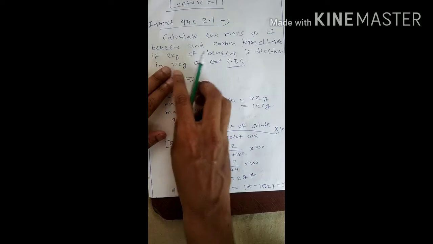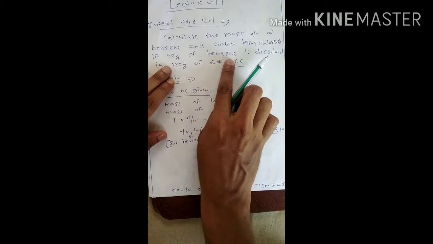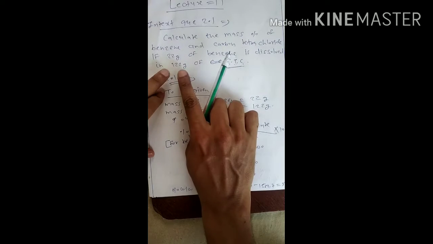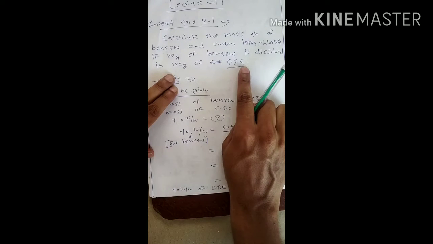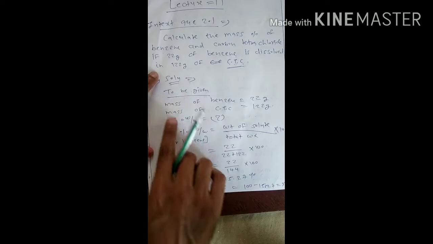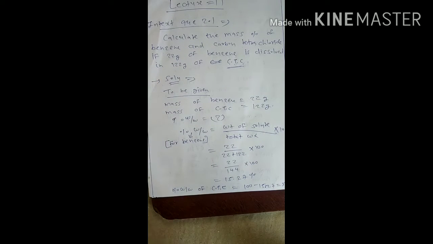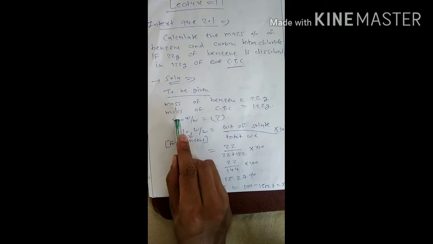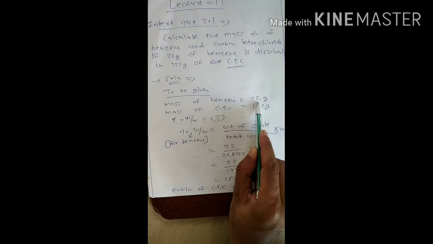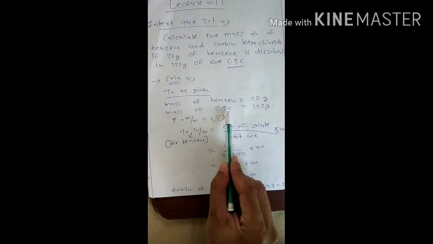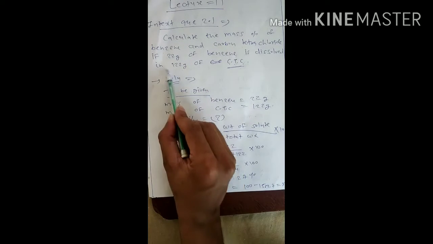If 22 grams of benzene, means the mass of benzene 22 grams, is dissolved in 122 gram of carbon tetrachloride, the mass of carbon tetrachloride is 122. Here I have written what is given to us in this question: mass of benzene 22 grams, mass of carbon tetrachloride 122 grams.